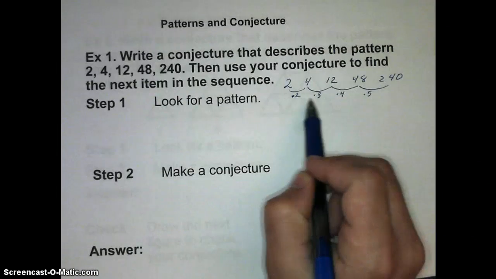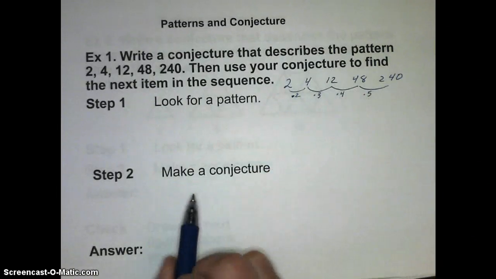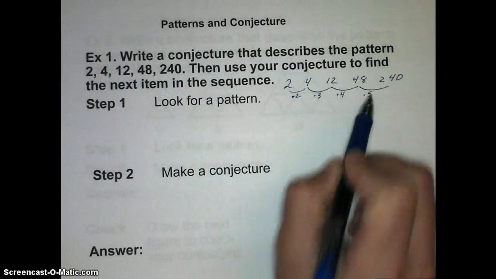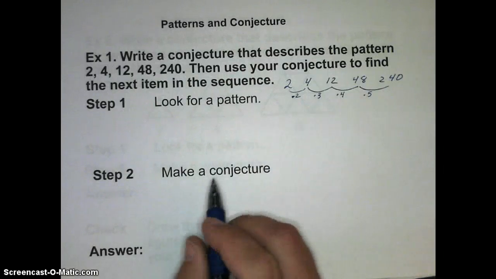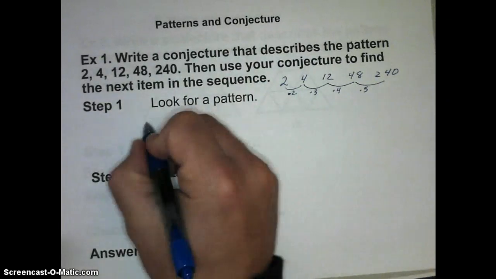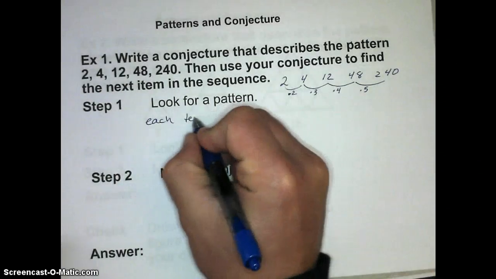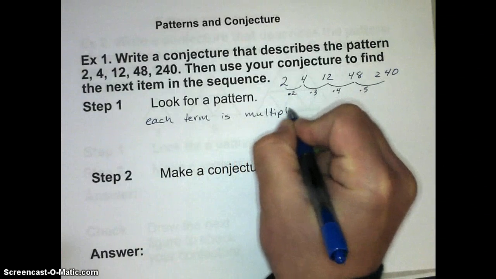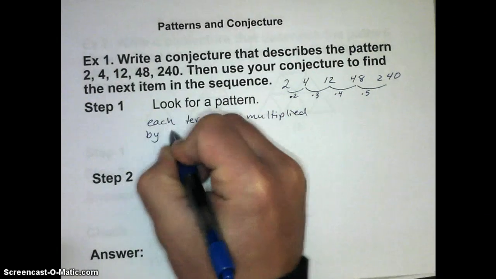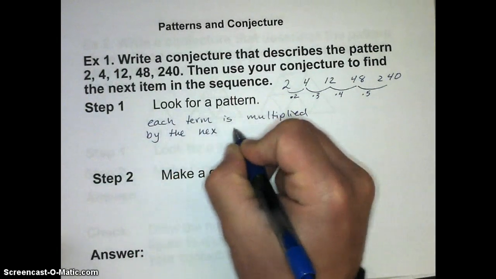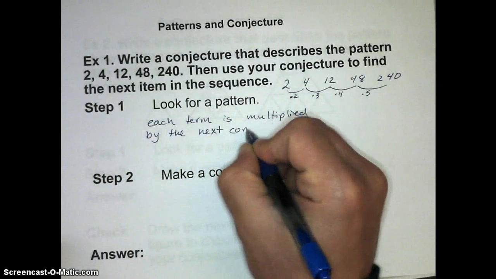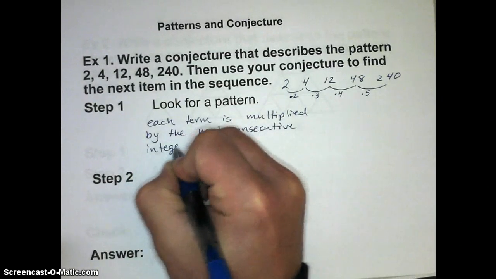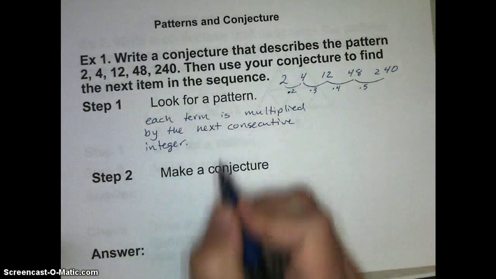You'll notice there's a much more distinctive pattern each time here. Each term is multiplied by the next consecutive integer in increasing order. Okay, we're multiplying each term by the next consecutive integer.